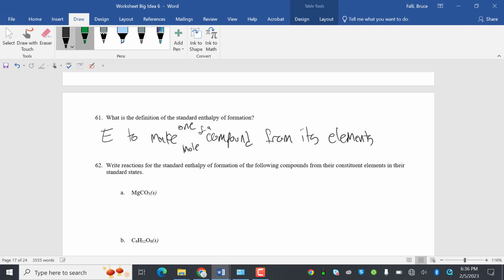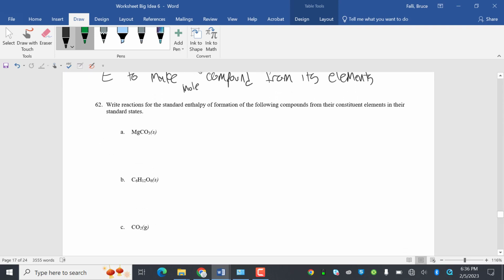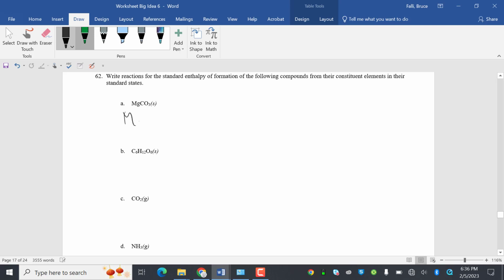Write the reaction with standard enthalpy of formation of the following compounds from their constituent elements. Here we go, these are fun. Mg plus C plus O2 yields MgCO3. I need to make this 3 halves. That way it's balanced, and notice how I have a coefficient of 1 on the product.